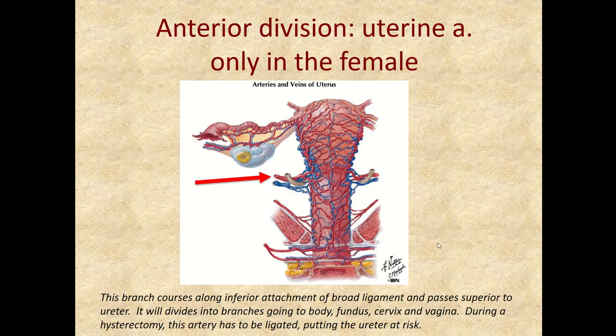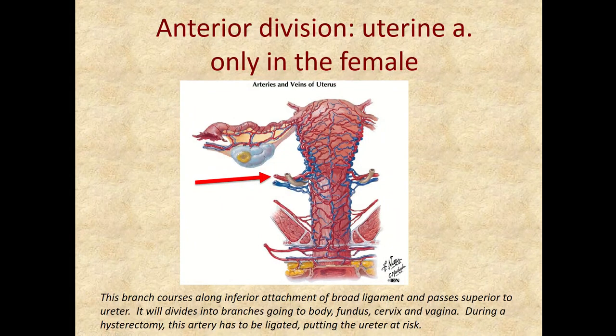Okay, in the female, if the pelvis has a uterus, the uterine artery is going to come off the internal iliac artery, and it's going to course towards the floor of the pelvis. So here you can see the floor, and you can see that it's going to kind of run similar, not super close here in this figure because they're trying to accentuate the differences, but the uterine artery comes towards the uterus and the internal os.